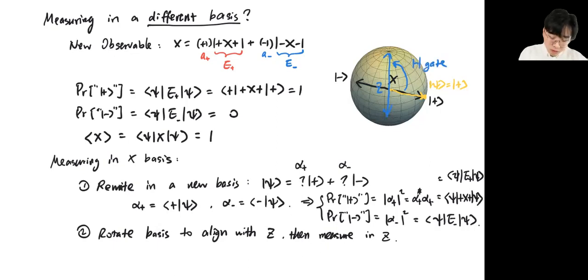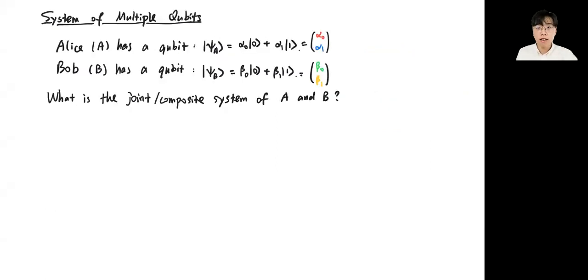In other words, measuring X is equivalent to a Hadamard gate plus measuring Z.